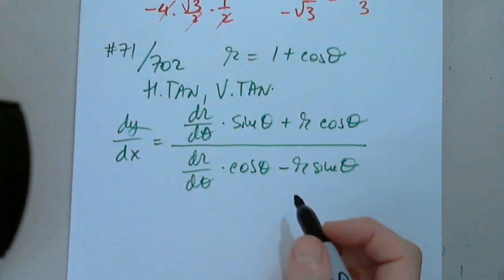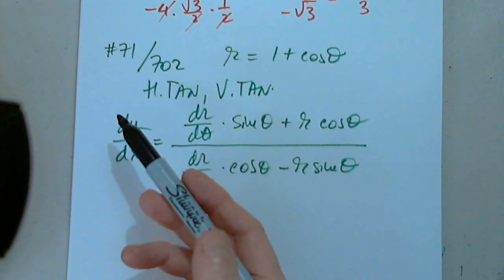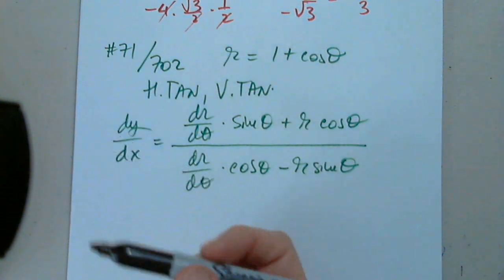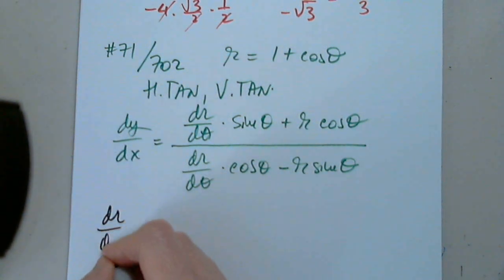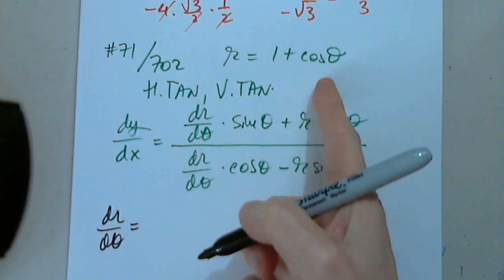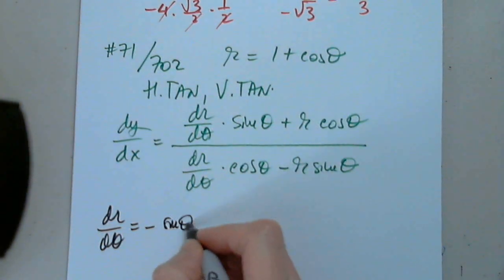Okay, so we're still working on problem 71 on page 702, and we know that dr over d theta will be negative sine theta.